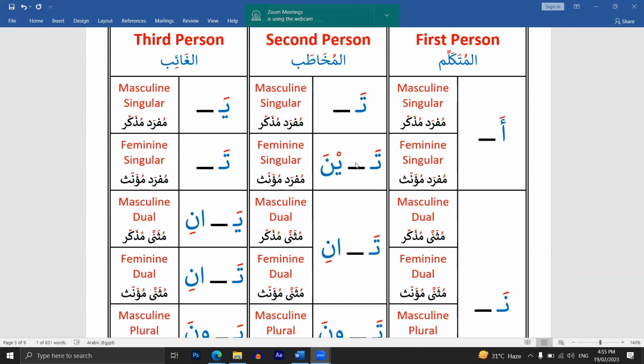So how do we identify which one is which? Ta here and ta here, right? This is your question, right? Masculine singular. Ah, yeah, that's correct.